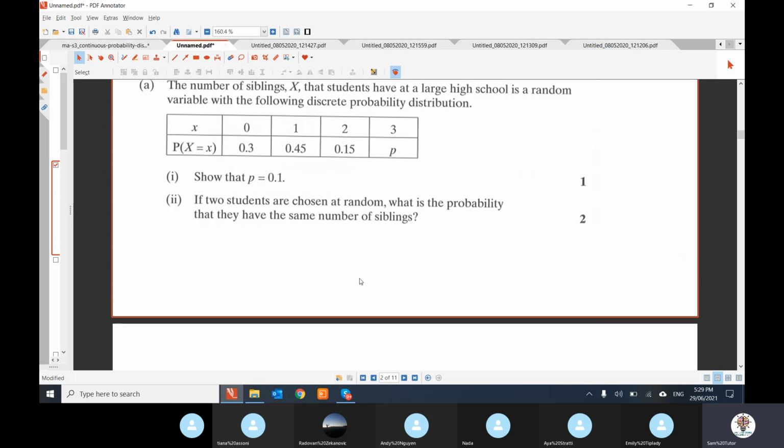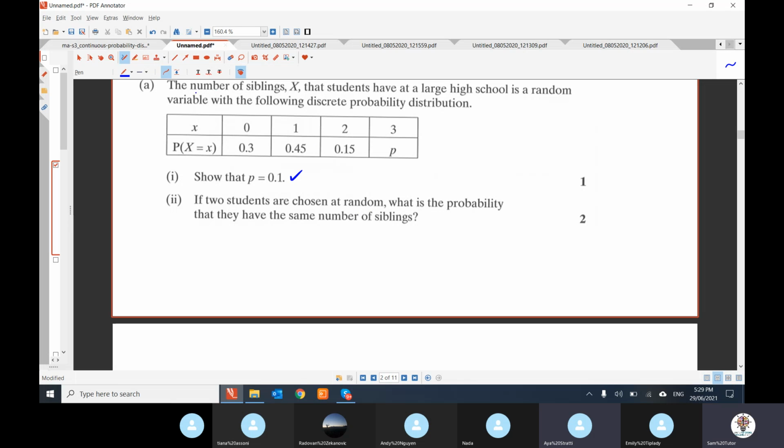Do we have an answer? Aya, do you have an answer for me? I'm confused. Wait, so is the 0, 1, 2, 3 the amount of siblings, not people?